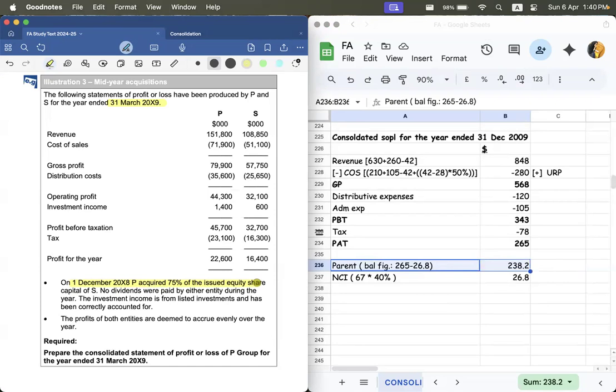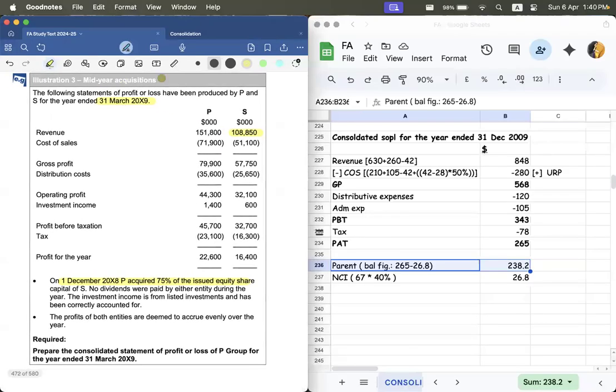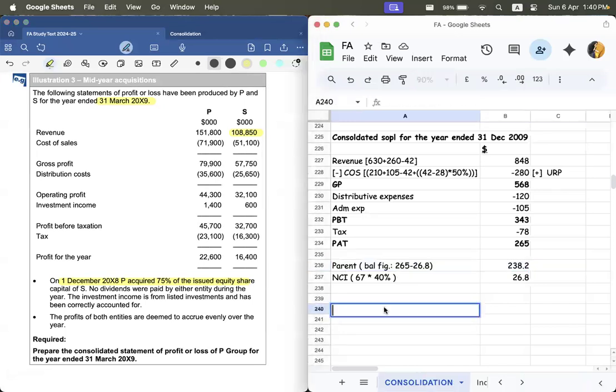So how many months since acquisition? December, January, February, March. So four months, right? So you take all the amounts and multiply by 4 by 12. Just a moment, Elvira. So I'll write it here.